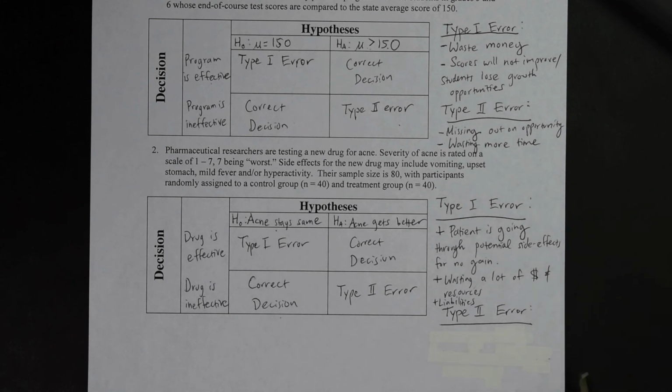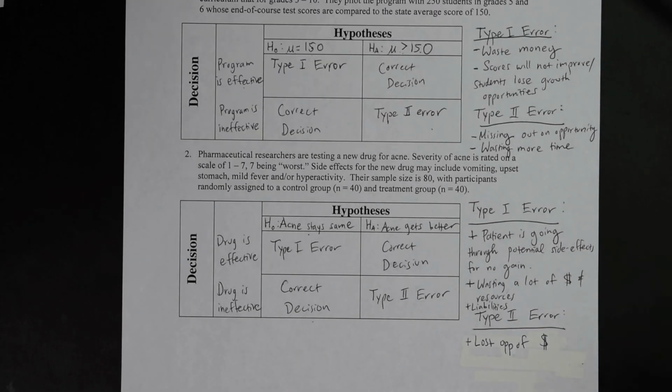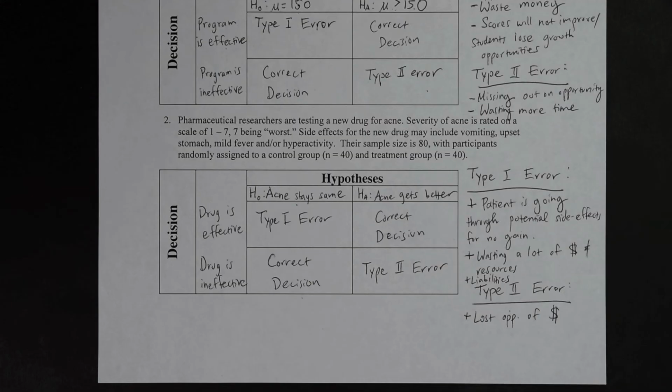But that being stated, now we're going to continue on to discuss type 2 errors and what they entail. When we talk about type 2 errors, one of the possibilities is the lost opportunity of money. This company made the wrong decision. This company who could have made millions of dollars out of this really legitimate medication that could help acne now lost the opportunity because they made the wrong claim.